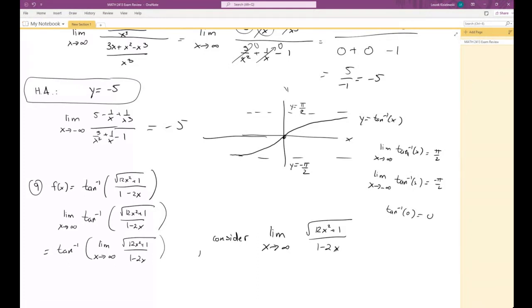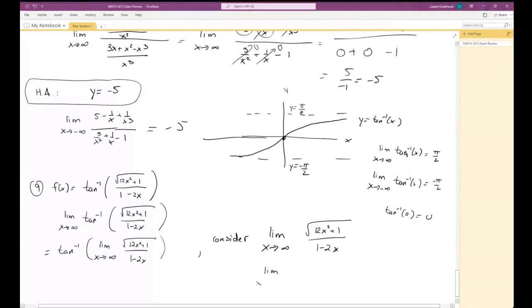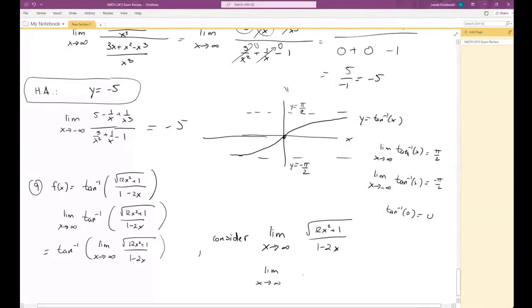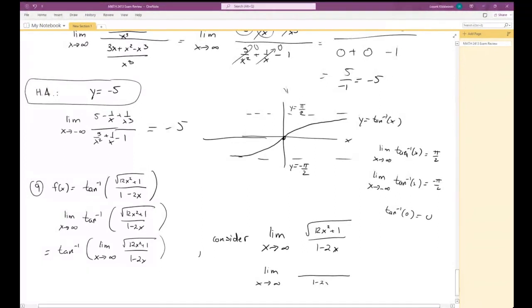There's an x squared on top, but at the end of the day, in the long run, you're going to be taking a square root, so that's like x. We're going to look for the highest power of x in the denominator, and let's just follow our advice. We said we're going to divide the top and bottom by the highest power of x in the denominator.